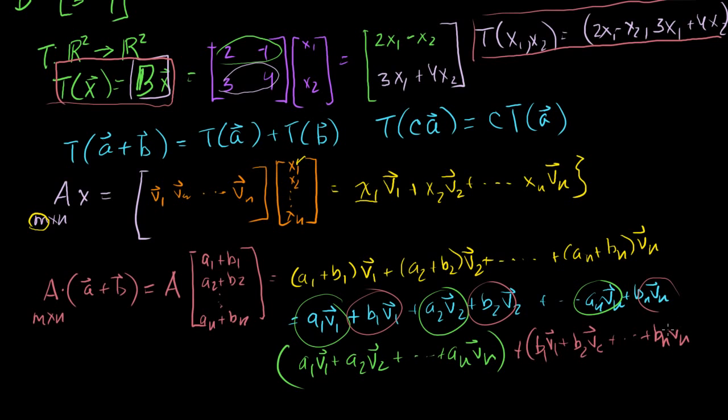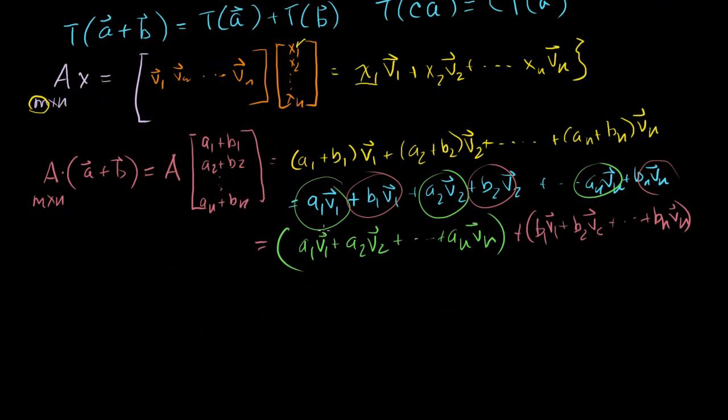That is equivalent to the statement up here. I just regrouped everything. But what's this equal to? These columns are the columns of the matrix capital A. So this is equal to the matrix capital A times a1, a2, all the way down to an, which was our vector a.